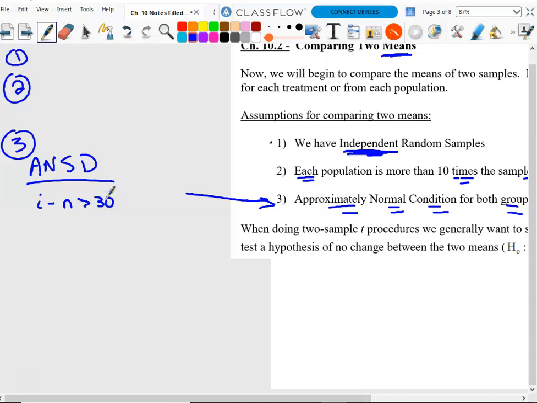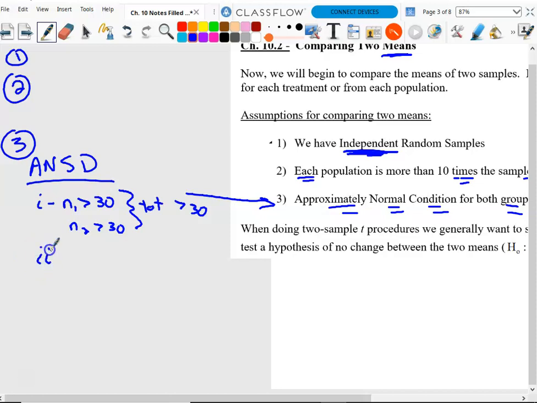Now the problem is we would have to have 2 n's bigger than 30. The reality is, and this is annoying, each group doesn't need to be bigger than 30. The total needs to be bigger than 30. Which again, 30 is such a vague number, it drives me nuts.